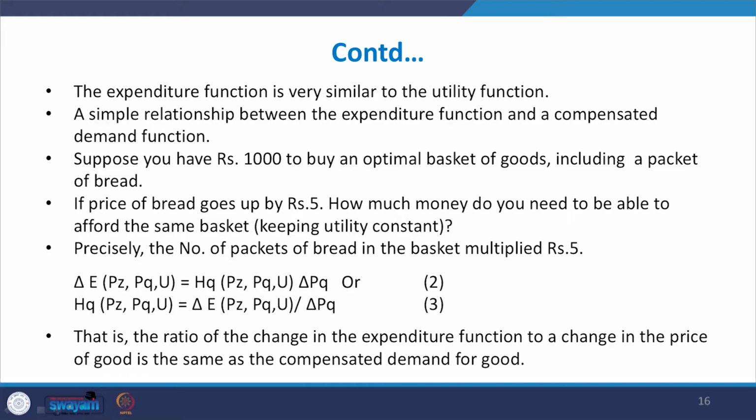So, it is simply the ratio of the change in expenditure function to the change in price, which is the same as the compensated demand for goods. As I already told you, if 25 additional rupees are required to purchase the same basket, then you have to compensate. So, compensated demand for the goods and expenditure functions are similar.